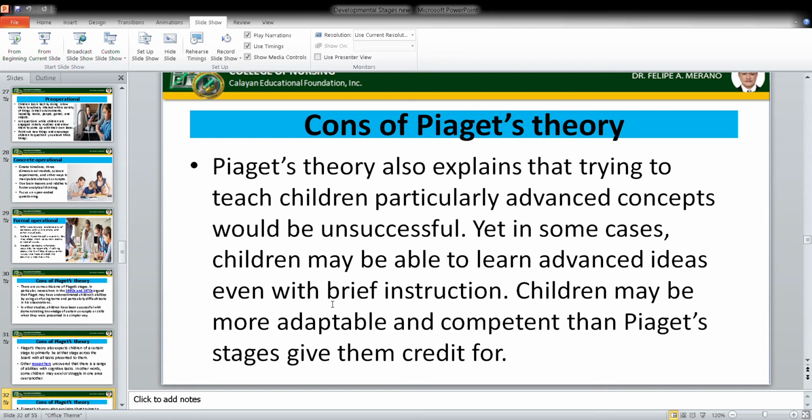Yet in some cases, children may be able to learn advanced ideas even with brief instruction. Children may be more adaptable and competent than Piaget's stages gave them credit for. So it means that some children also excel even if it's not on the level of Piaget's theory.